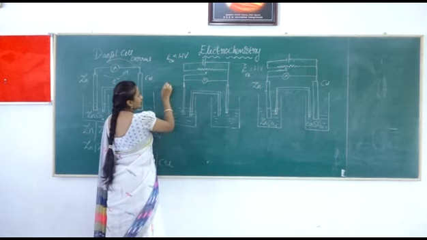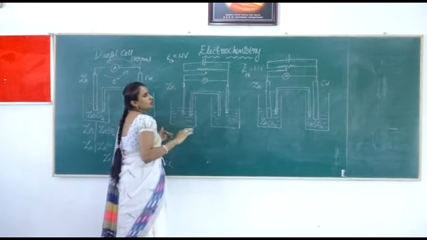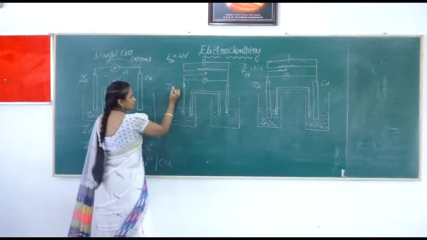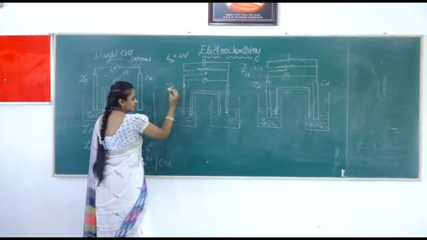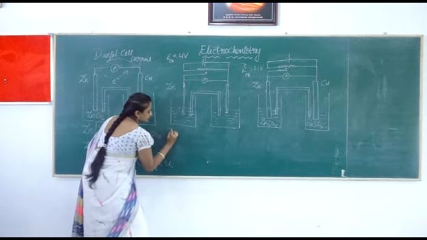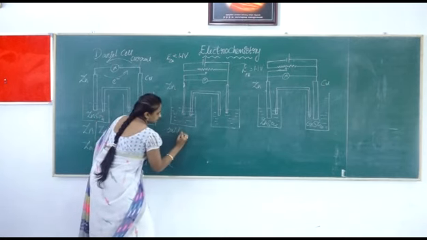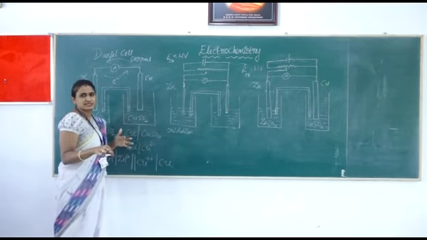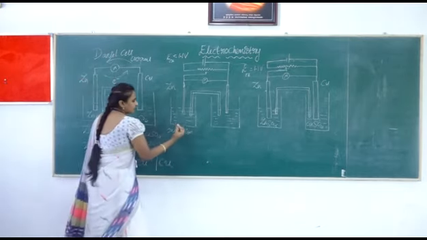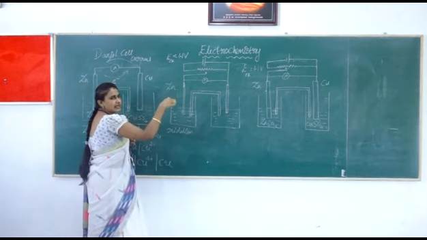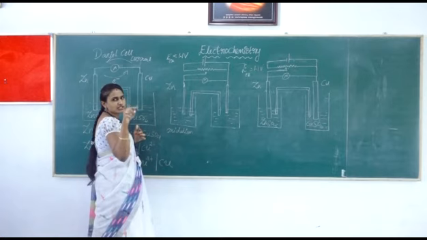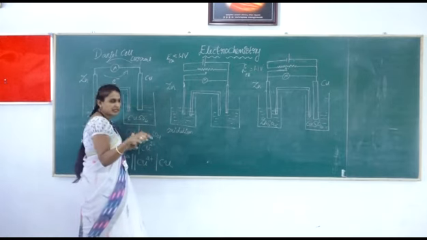Your zinc electrode will be ready to lose electrons, and to lose those electrons, zinc will easily undergo oxidation. If oxidation takes place in the galvanic cell, the negative charge of the electrons increases on the surface of the metal.